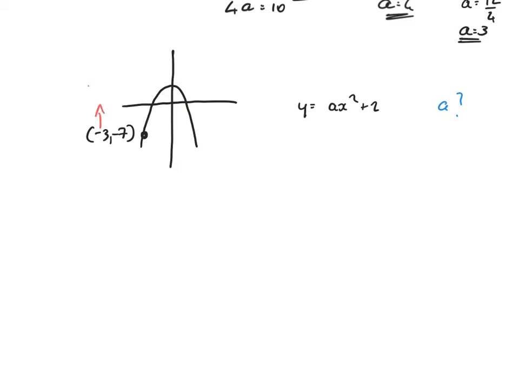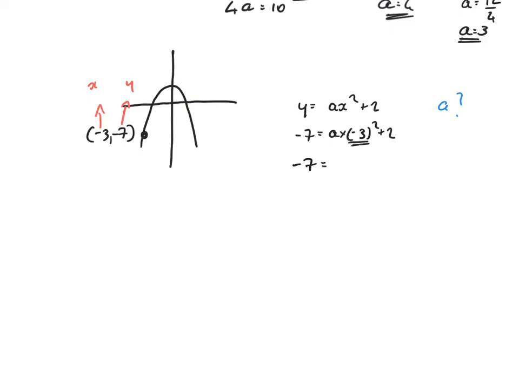Straight substitution, when the x coordinate is -3, the y coordinate is -7. It's just been a straight substitution. Where I see y, I'll replace it with -7. Where I see x, I'll replace it with -3.